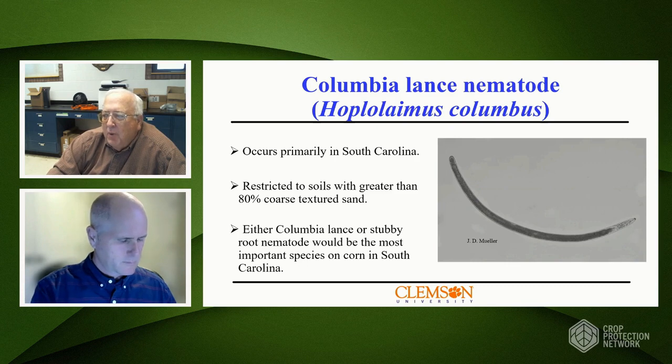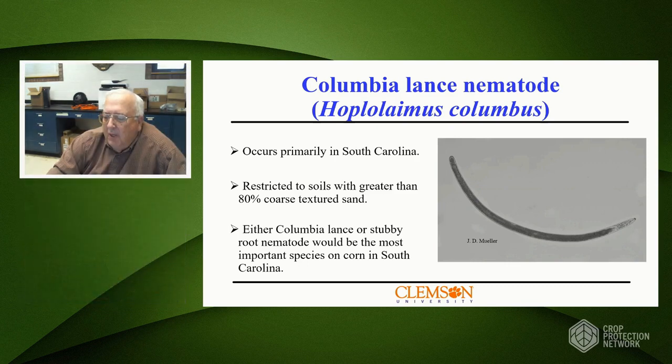Columbia lance is probably the most important nematode on corn in South Carolina. One of the reasons is that corn is an excellent host, but soybean is an excellent host for this, as is cotton. As we help eliminate some of the other nematode problems on corn and cotton with the host plant resistance that's being developed, this frees up lance nematode from the competition and allows it to infect at even higher rates and probably reproduce and get more of the plant's nutrients.